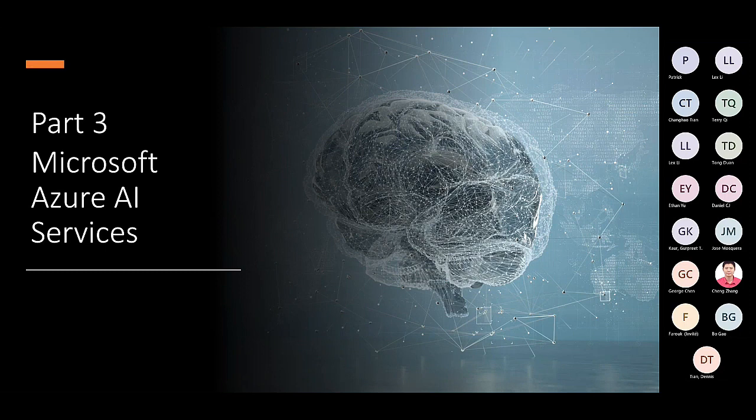Okay, so in part 3, we will dig further into Microsoft Azure to see what kind of artificial intelligence services are there. You know, Microsoft has been studying AI technology since the 1990s. And through a decade, Microsoft actually accumulated many useful AI systems.